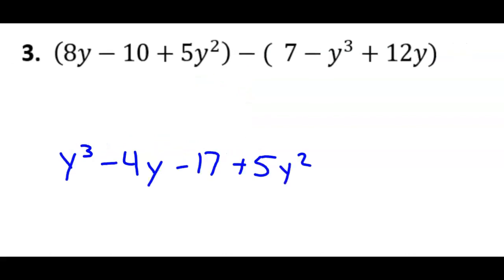That next problem, I got y cubed minus 4y minus 17 plus 5y squared. Again, if you have a different order, that's okay. Wait, Paula, which term do you have a question on? How do you get negative 4y?